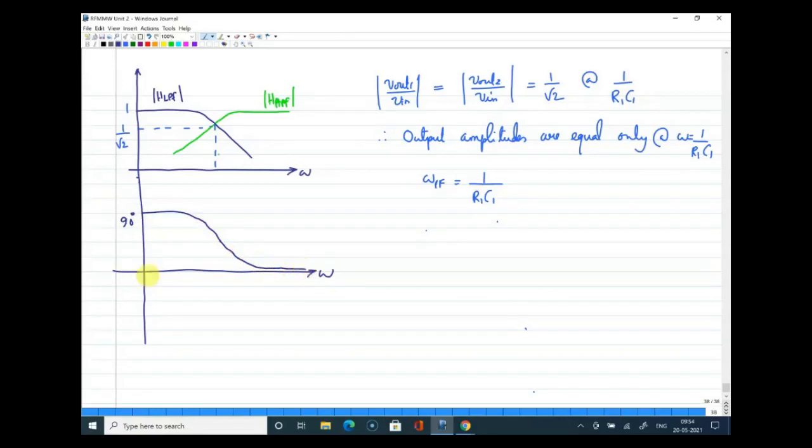And the other one will start from 0 and approach minus 90 at a very high frequency. Let me mark like this as minus 90.